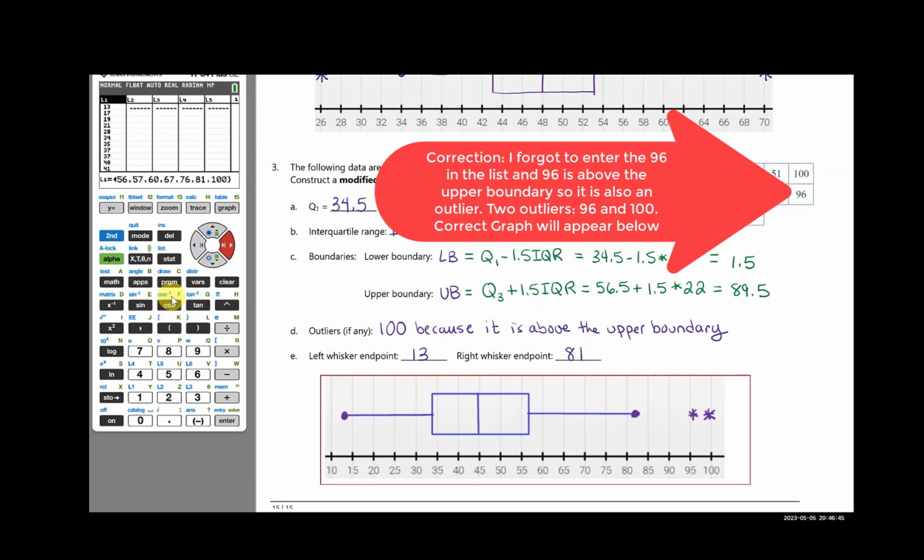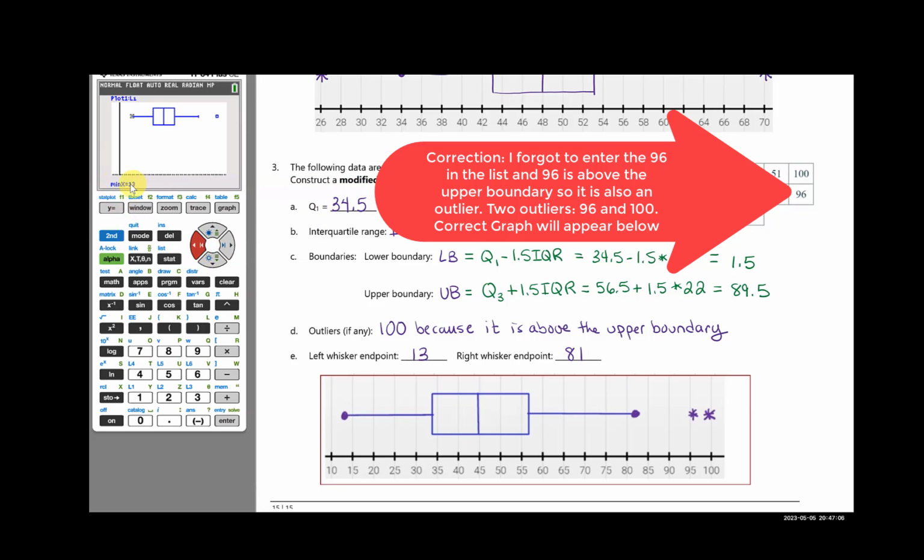All right, and then I'll end this one with just graphing it here on the calculator. So if you want to check out the video on learning to graph it, I've set the calculator up already, so I'm just going to hit graph. So there's the graph. I'll hit trace and just confirm my answers are correct. So my median was 45. I'll go to the left. Q1 is 34.5.